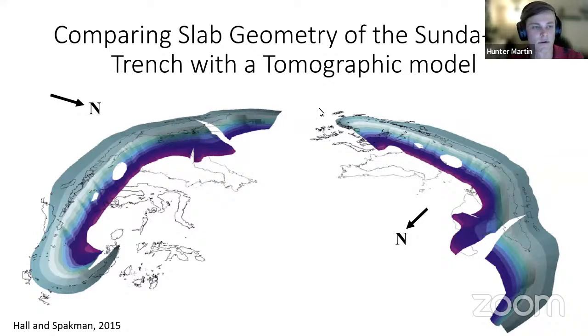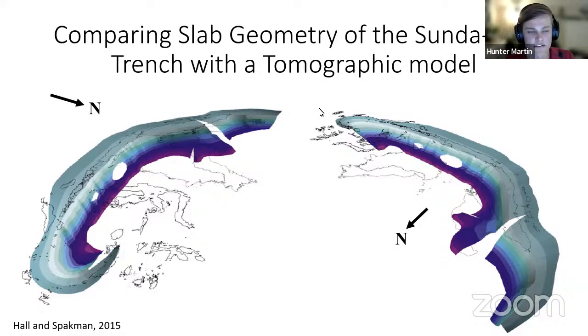And then quickly, I thought we could compare the slab geometry along the trench to some tectonic models that have been proposed. The image here is a simplified 3D model from Holland-Spackman 2015. It's based on an analysis of seismic tomography.